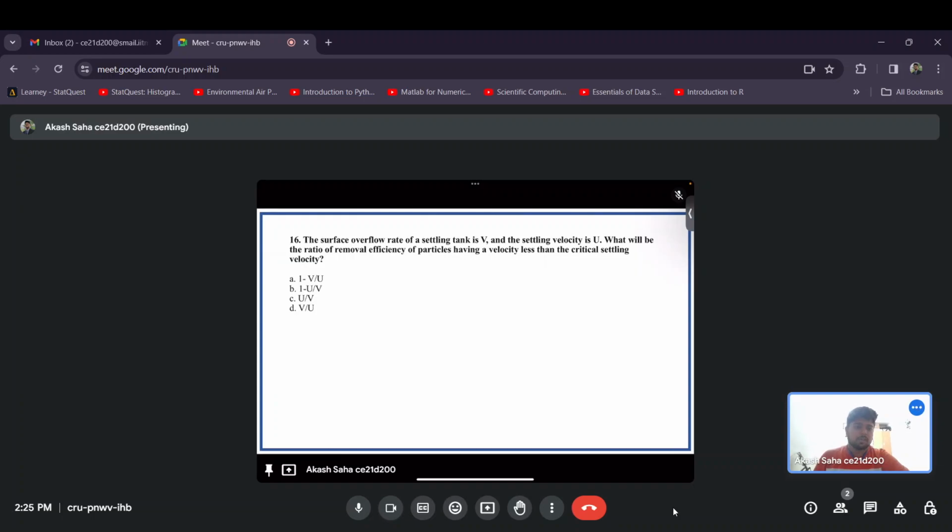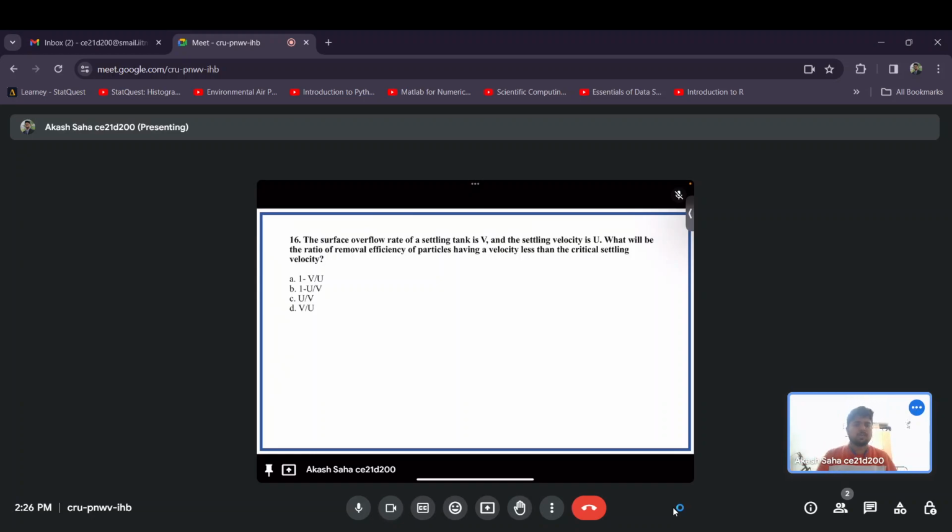If you remember, to find the size of the particle which will be removed 100%, we equate V and U. We consider that the surface overflow rate is equal to the settling velocity. But in this case, we have to find the efficiency of those particles which have a velocity less than the critical settling velocity. So obviously the removal will be less than 100%.